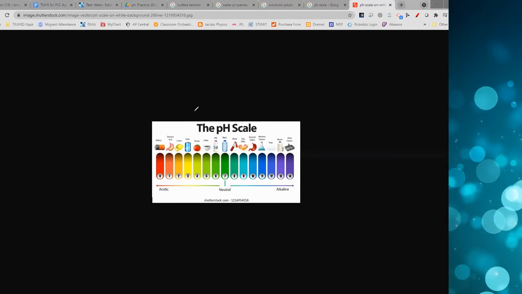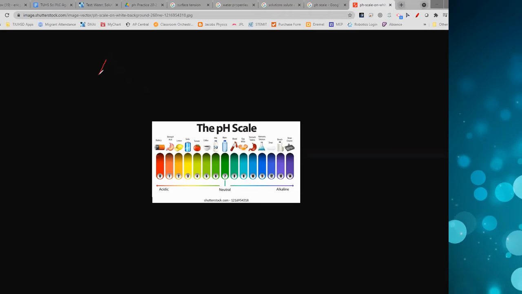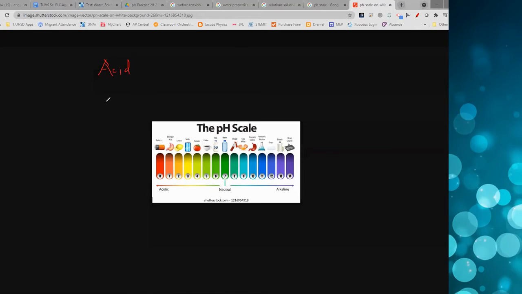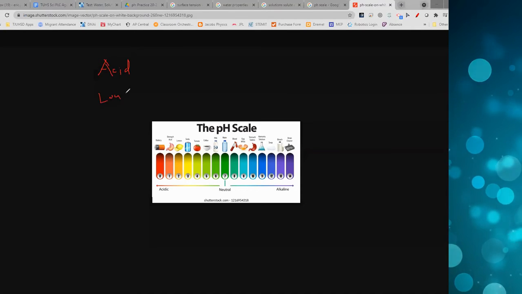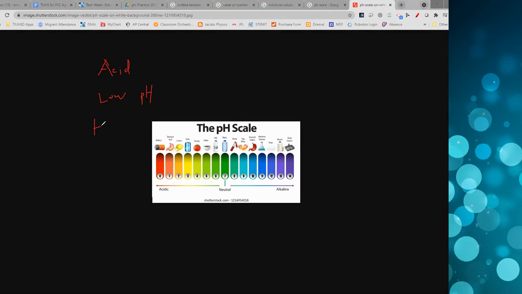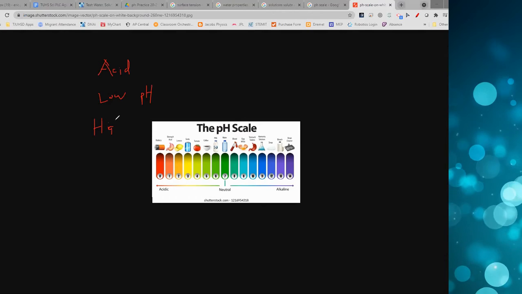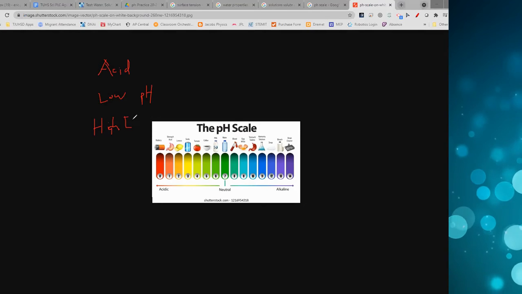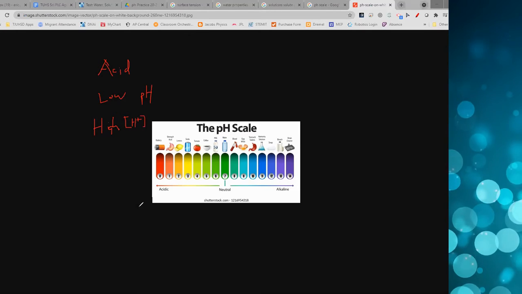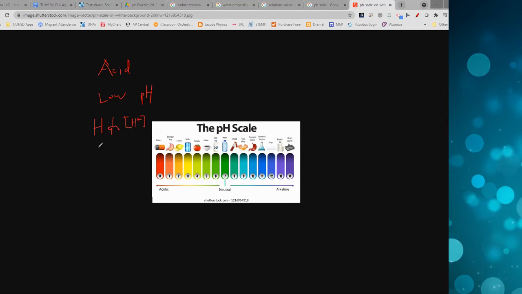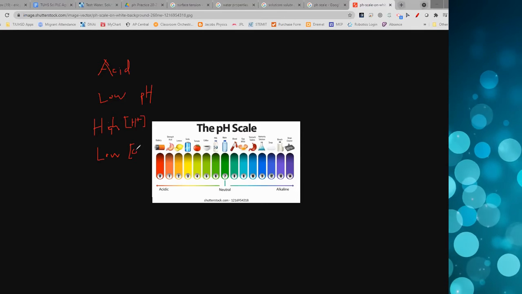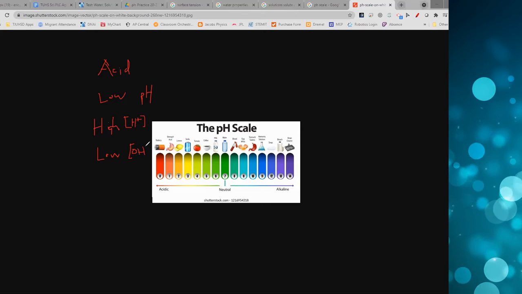So make sure we understand that over here on the acid side, we have low pH, which corresponds to a high concentration of H plus ions, and that corresponds to a low concentration of OH minus.